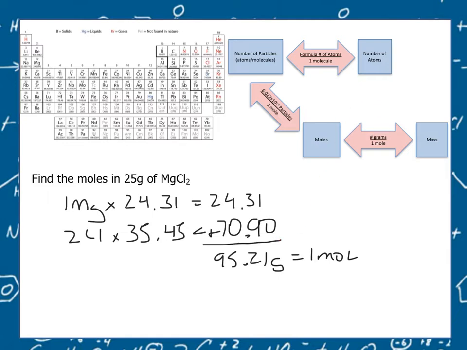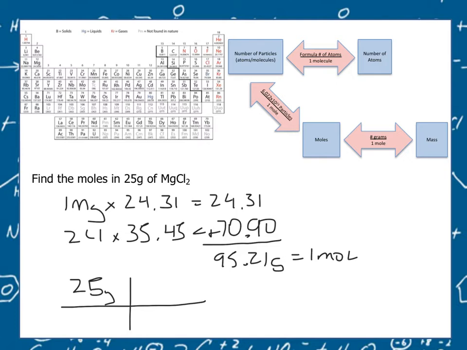Now I can proceed like normal with my problem, same as what I talked about yesterday. Find the number of moles in 25 grams of MgCl2. So I'm starting with a mass. It wants me to go to moles. Put my given in the top box. The only part with these extra problems that sometimes confuses people is now you have 2 masses. You have the mass that was given to you in the problem, and you have this mass that you just calculated. The mass given to you in the problem needs to go there.